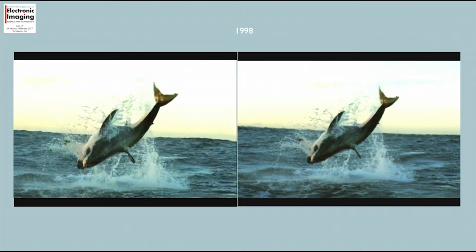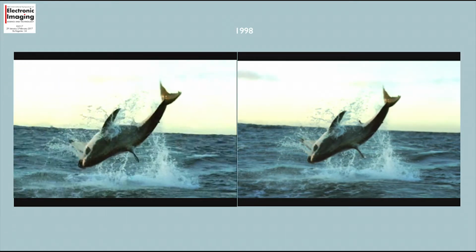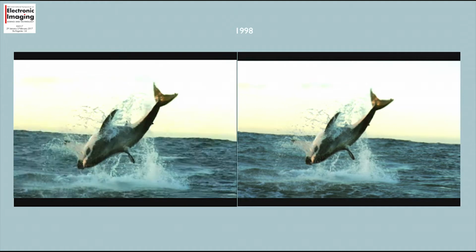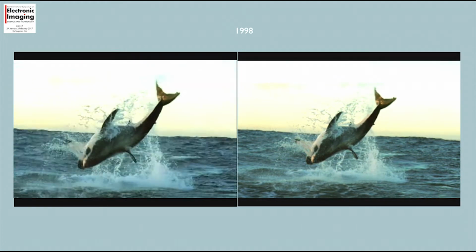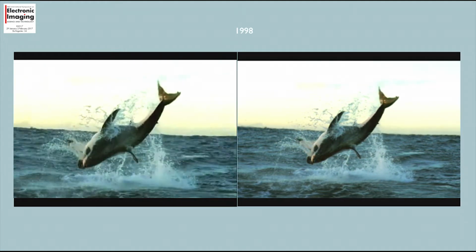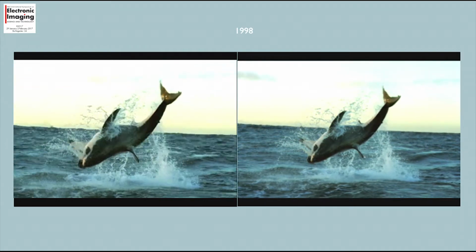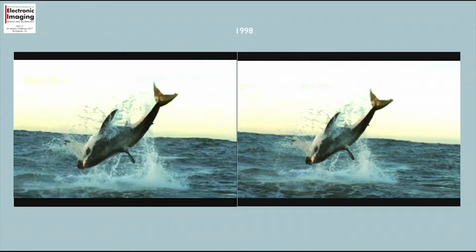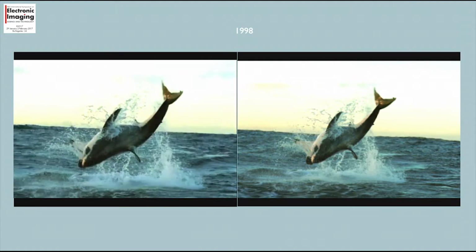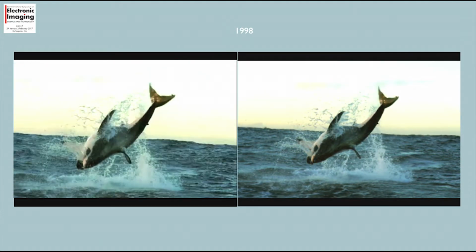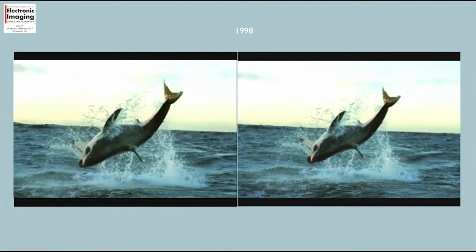But what was happening then was the early days of interpolation software. This is one of the very first algorithms that came out from a company called Snell and Wilcox. It was called Flomo. It was actually used on The Matrix to solve a lot of issues they had in shooting. So there's the original 10 frames on the left.